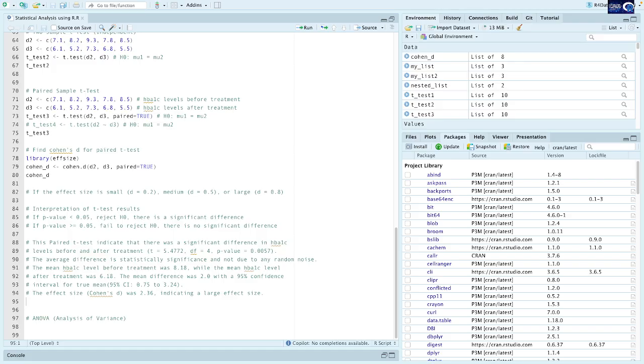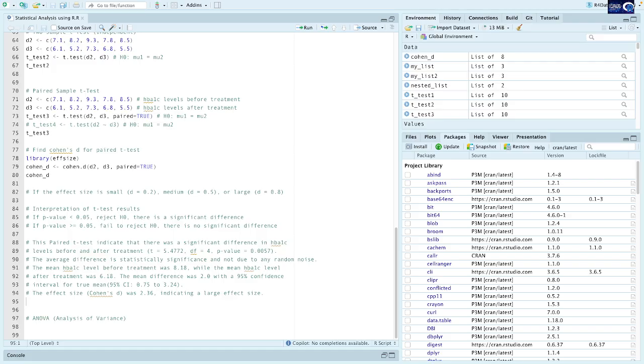Okay, so the interpretation is as follows: the one way ANOVA result indicates that there was a significant difference between the three groups, with degrees of freedom 2 and 12, the F statistic value was 9.51, and the p value was 0.0034.